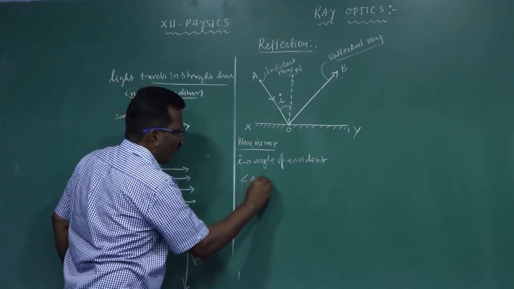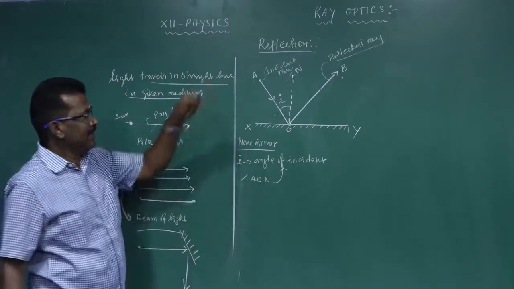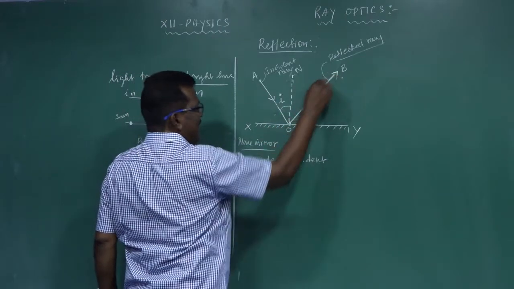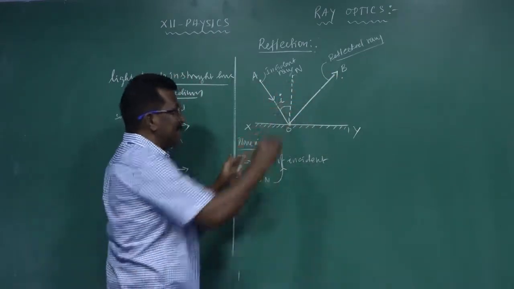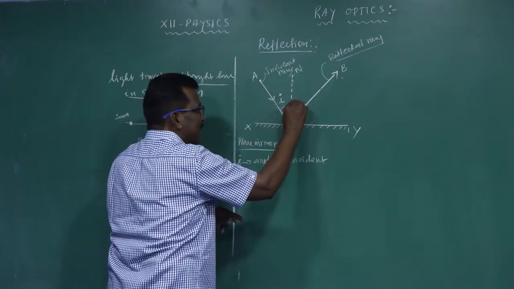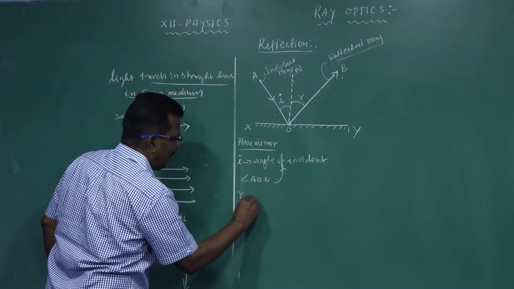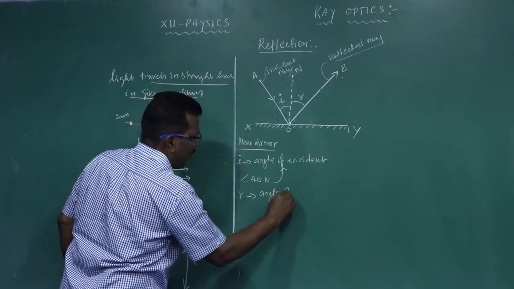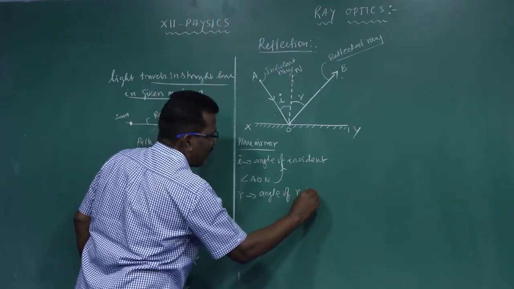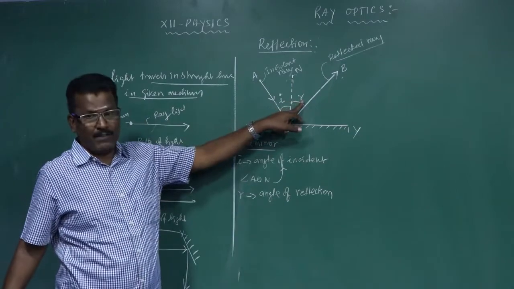Angle AON is the angle of incidence. Similarly, BO makes a certain angle with the normal. This is represented by r. r is called the angle of reflection.